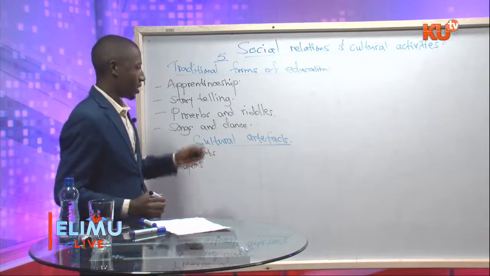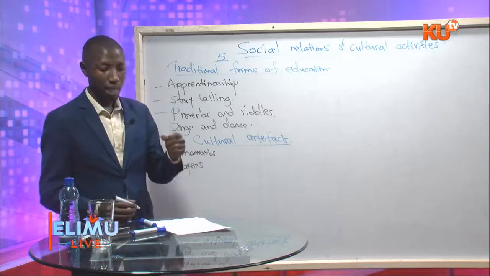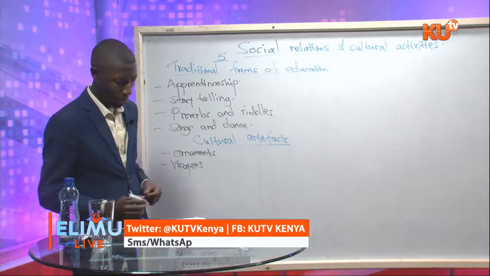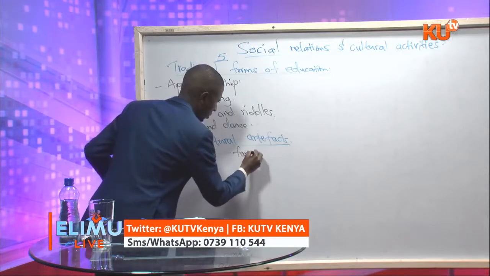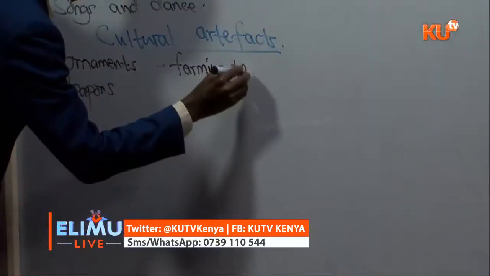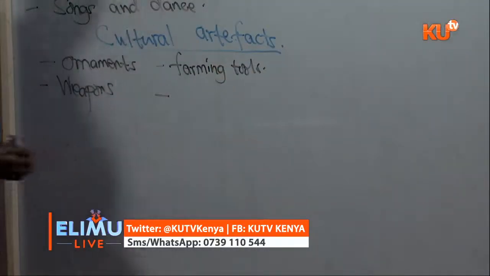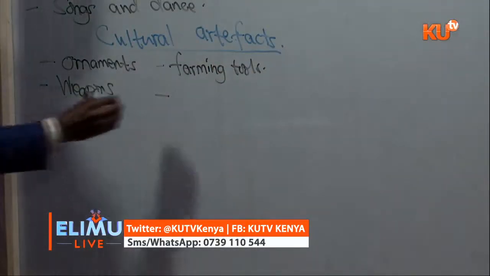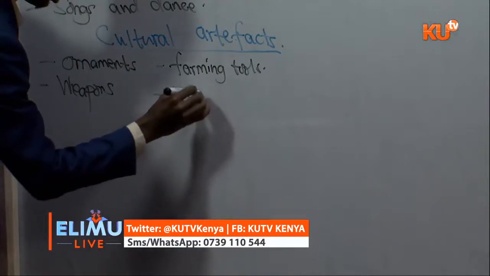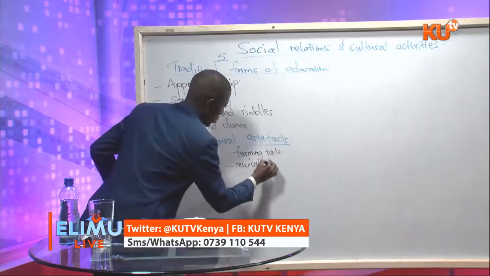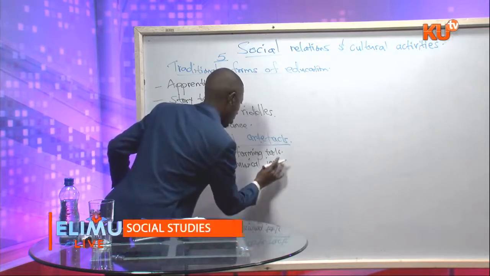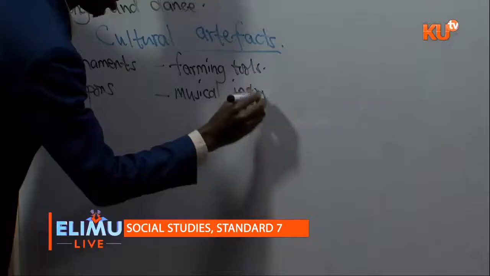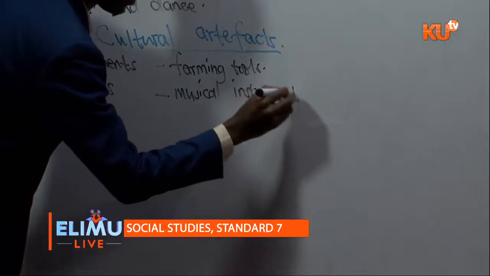So artifacts are objects made for human craft. Farming tools. Then musical instruments.